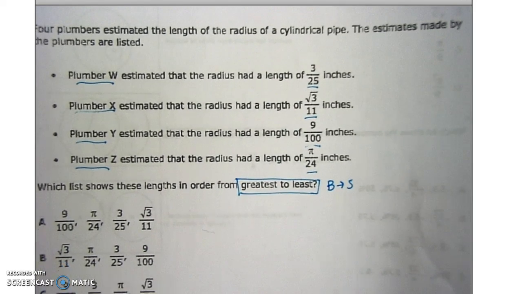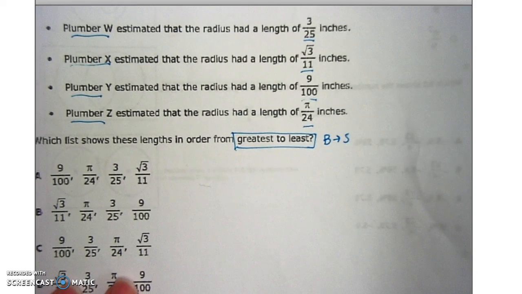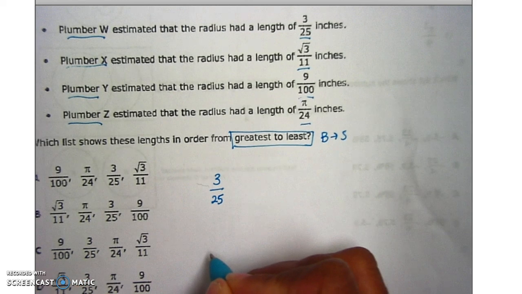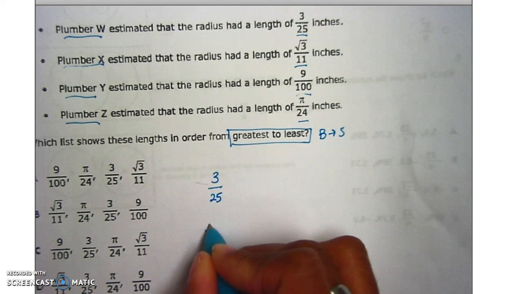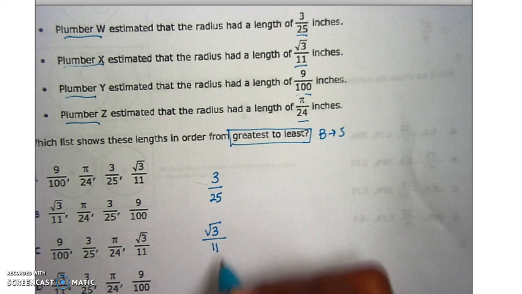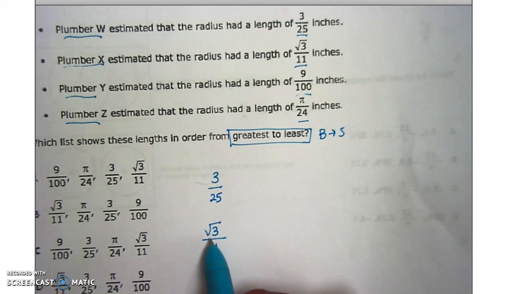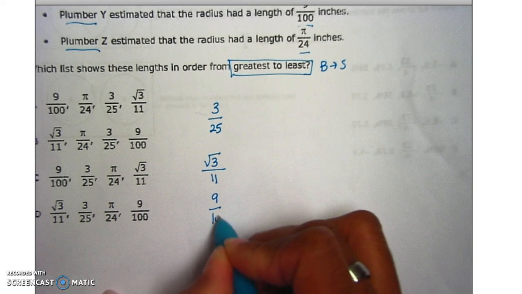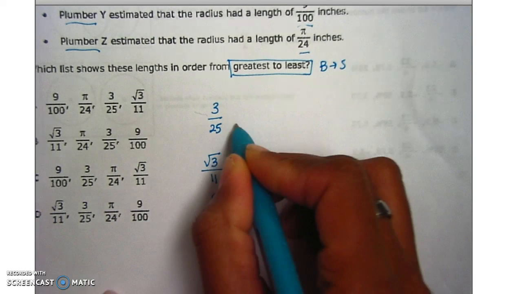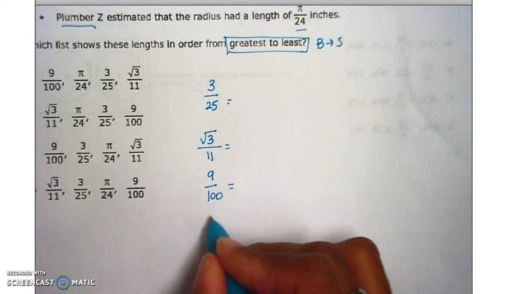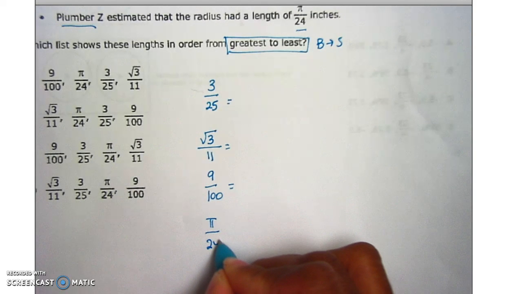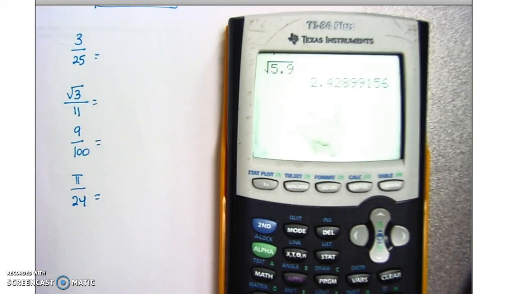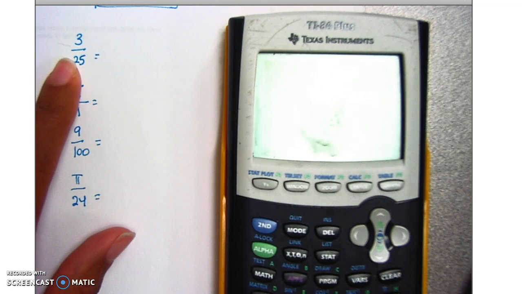Okay, so again, you are going to write all your numbers down. 3/25, square root of 3/11, and notice the square root is only over the 3, 9/100, and pi/24. We're going to type these numbers in our calculator. Remember, over means divide.